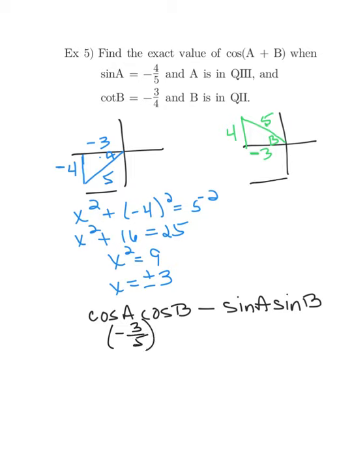Now go over to angle B and do cosine. x over r is also negative 3/5.